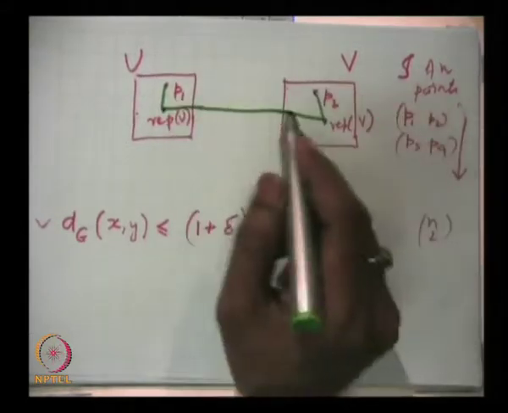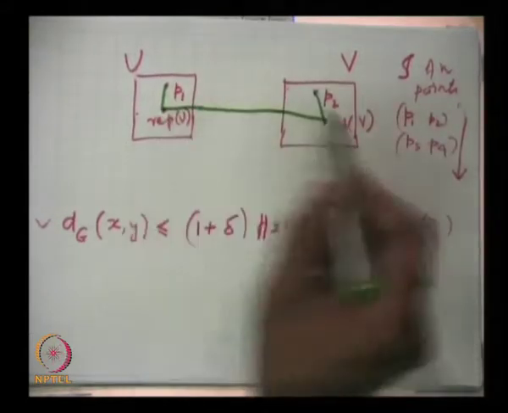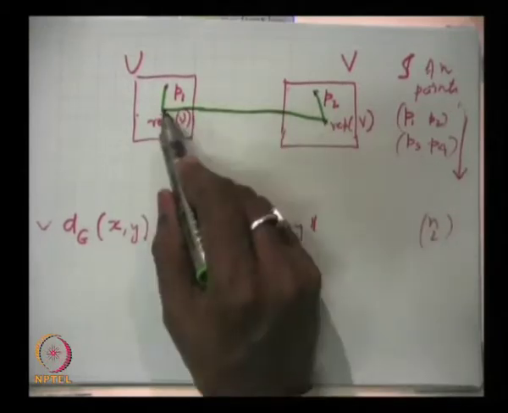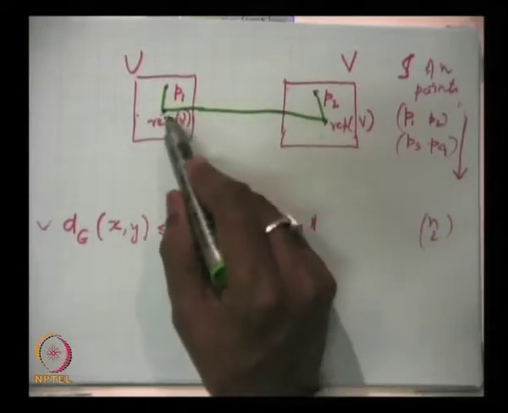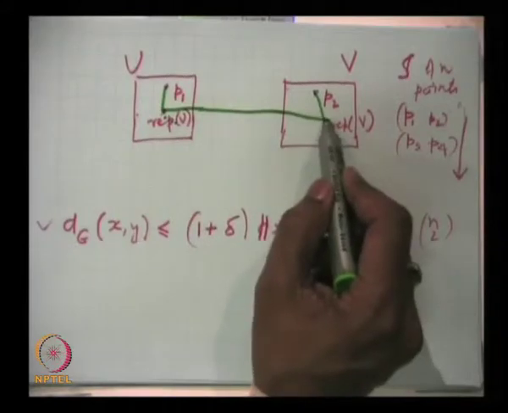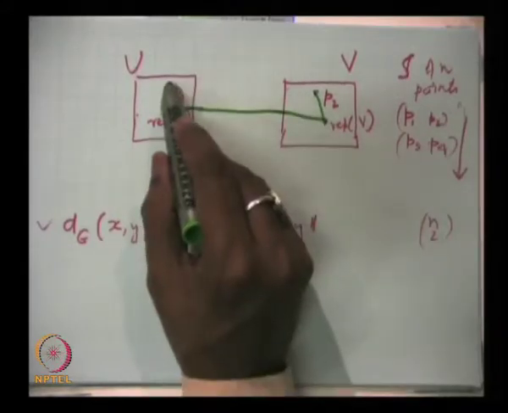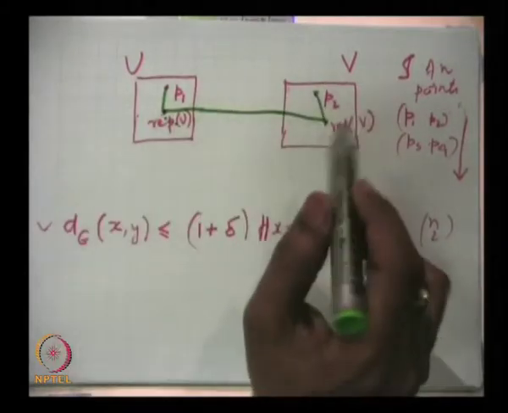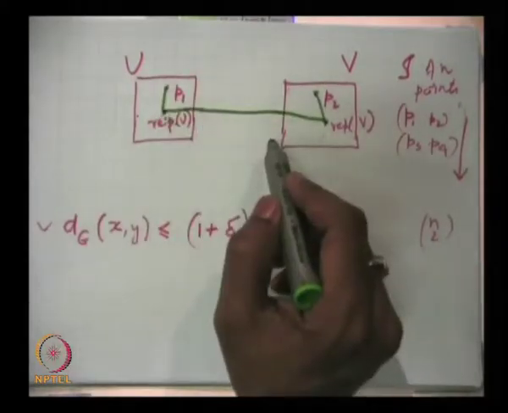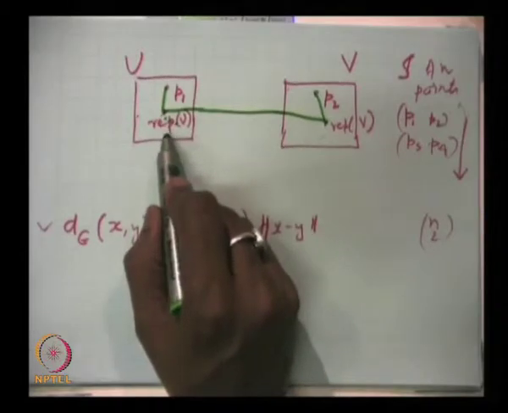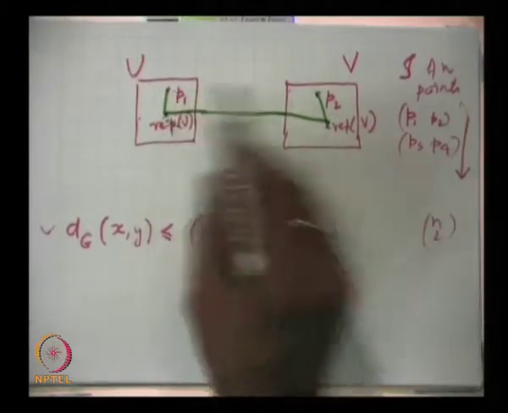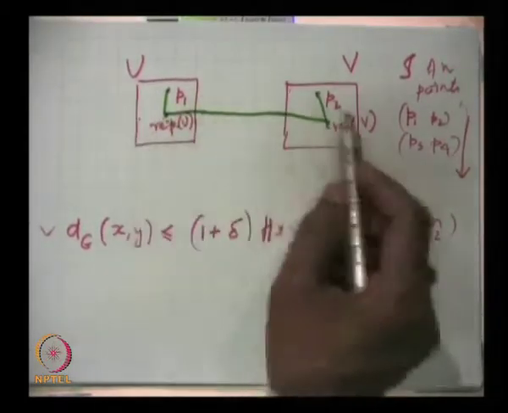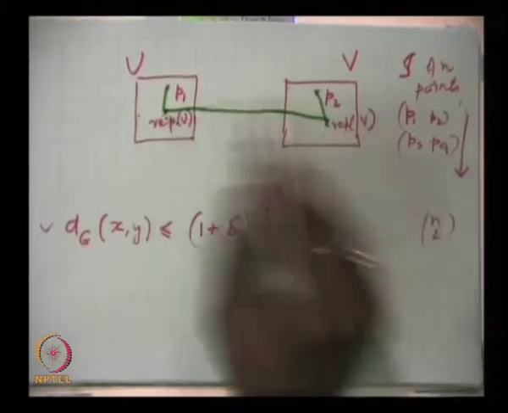We can also argue that the distance between the representatives of the two subsets is not more than some constant fraction times the distance between P1 and P2, the Euclidean distance, because it is well separated. The Euclidean distance between the representatives of these two sets is not very different from that of any pair chosen from across the two subsets.